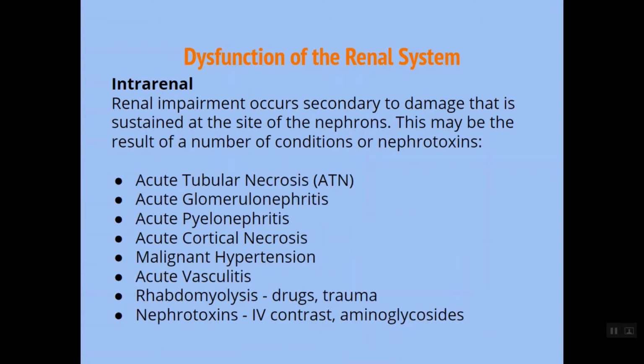Intrarenal impairment occurs secondary to damage that is sustained at the site of the nephrons in the kidney. This may be a result of a number of conditions or nephrotoxins.